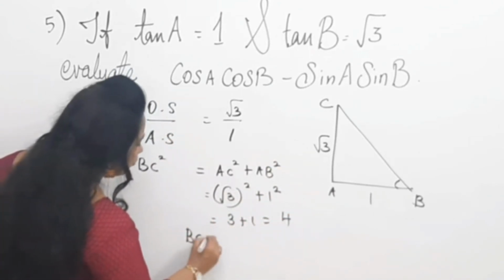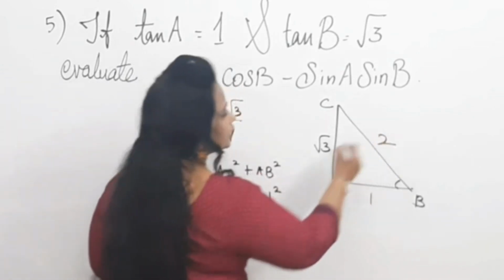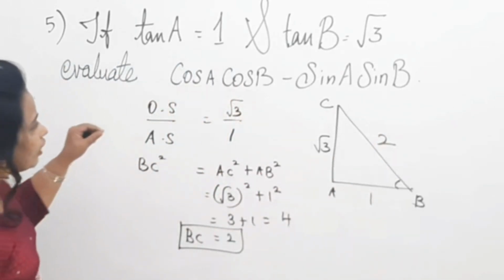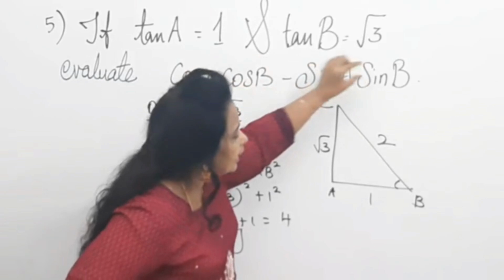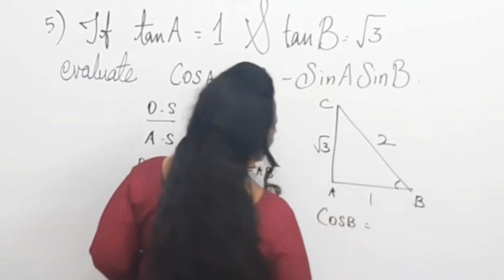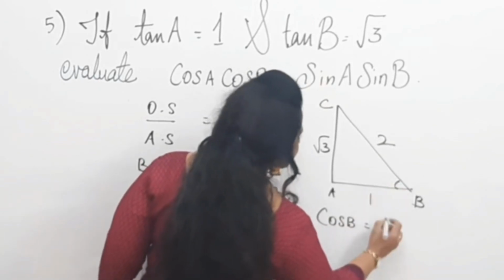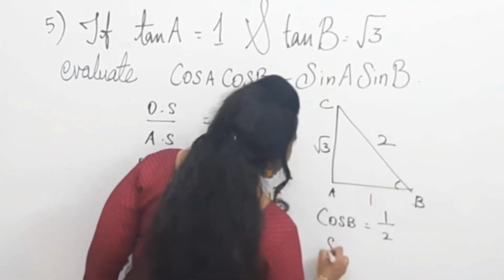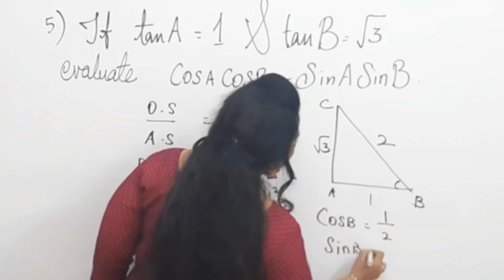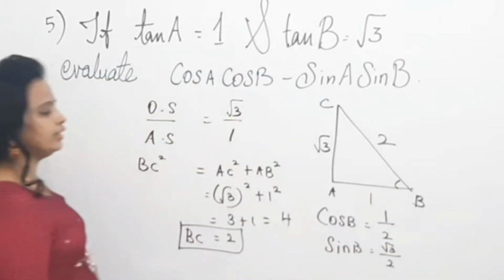So I have my BC equal to 2. I got my 2 here. Now I have to find my cos B and sin B. So my cos B is adjacent side by the hypotenuse, that is 1 by 2, and my sin B is opposite side by the hypotenuse, root 3 by 2.